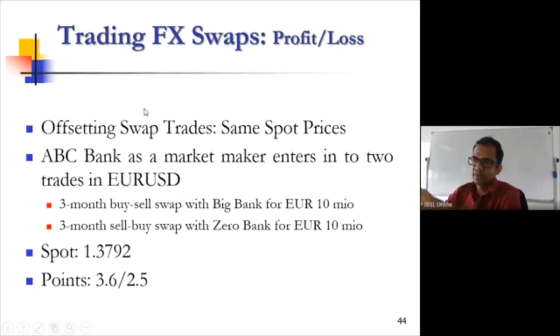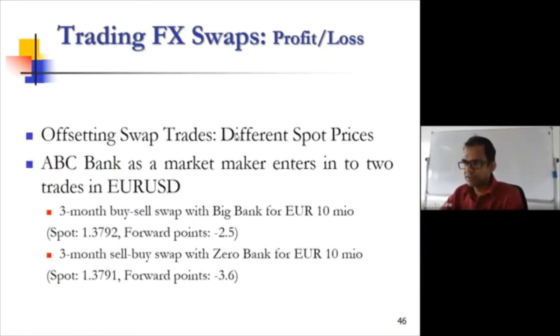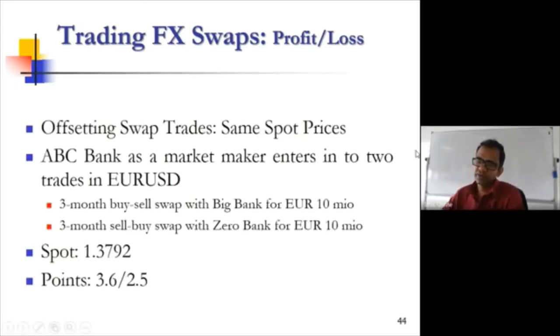To calculate a profit or loss, we have to think about two opposite transactions. In the first example, we assume the same spot price is applicable for both transactions. In the second one, we assume two different spot prices are applicable for the two transactions.